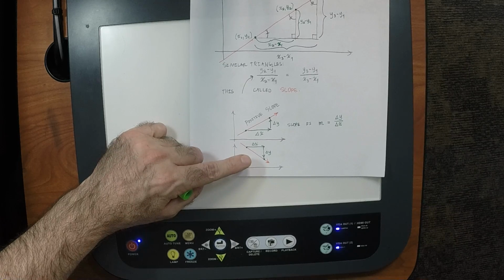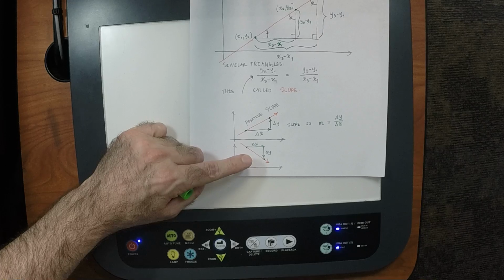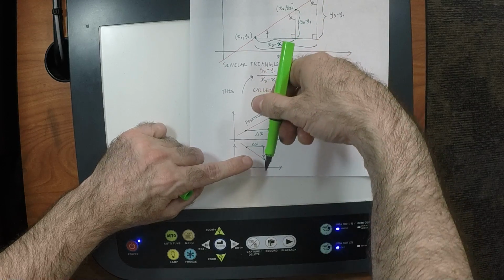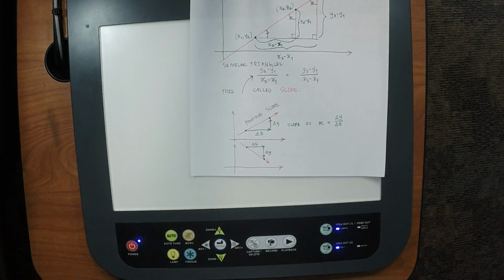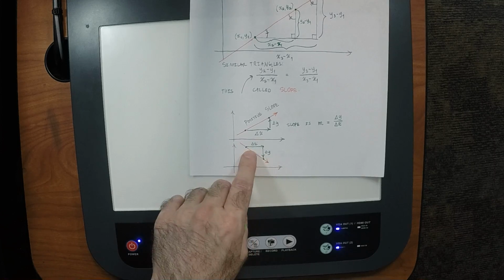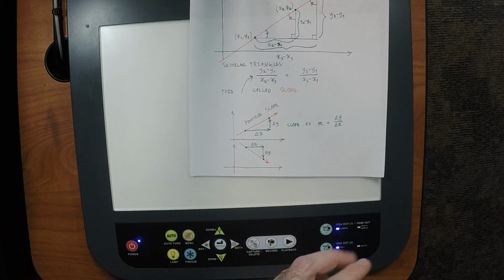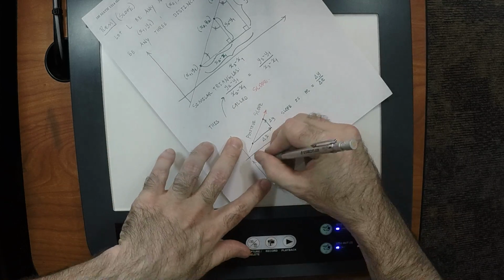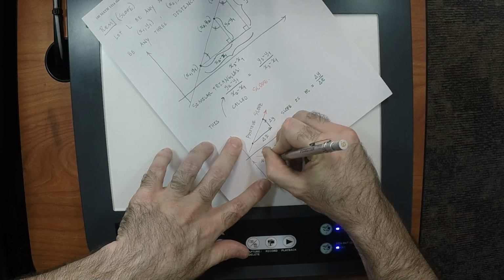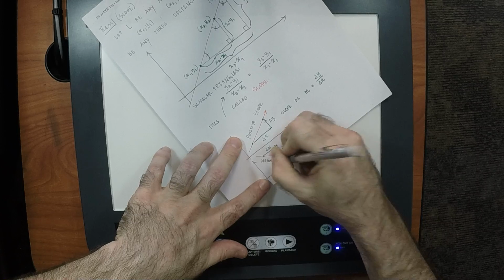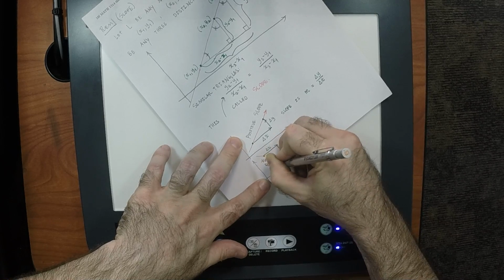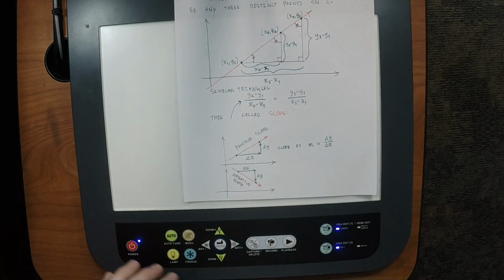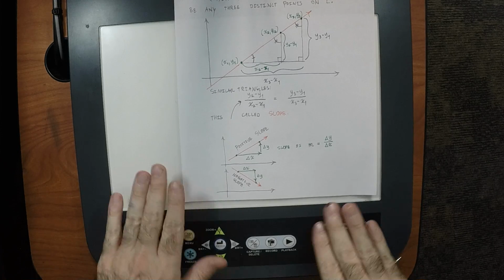In this picture, is delta y negative or positive? It's negative, because it's going downward. And then the slope is the ratio delta y over delta x. A negative divided by a positive is negative, so this is a negative slope. All right. Good. Any question about this?